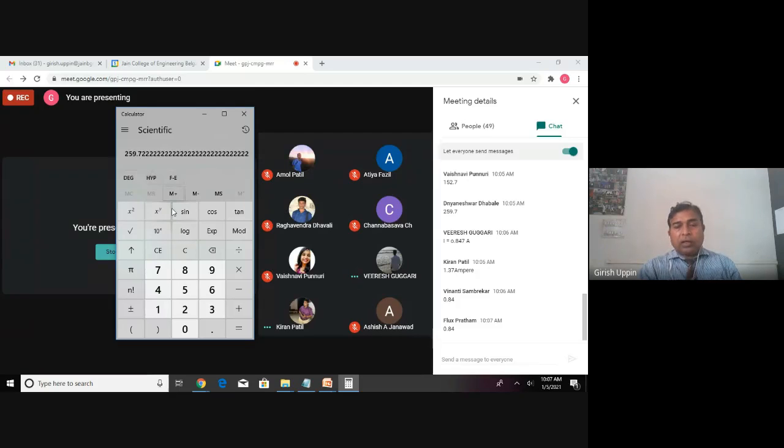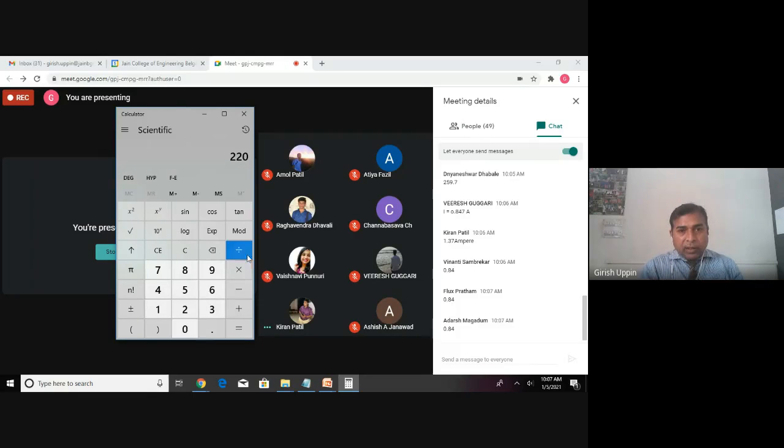How do we calculate the total effective current? I is equal to V by Rs, right? In case we have Rs, and V is given as 220, 220 divided by 259.72.